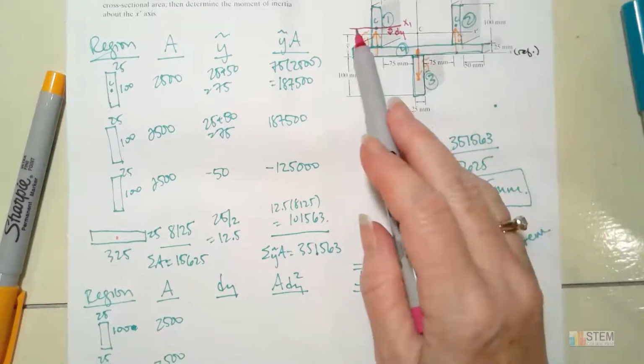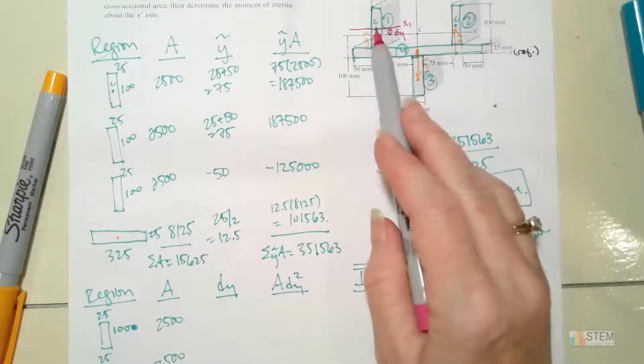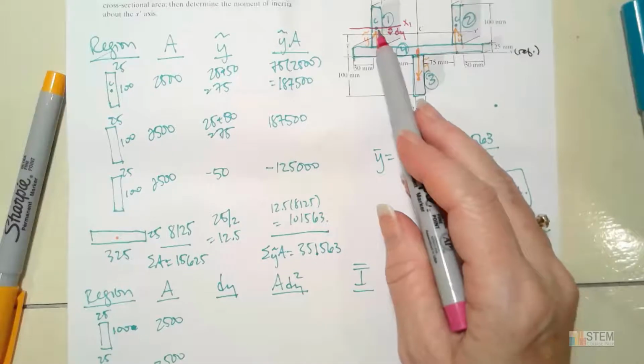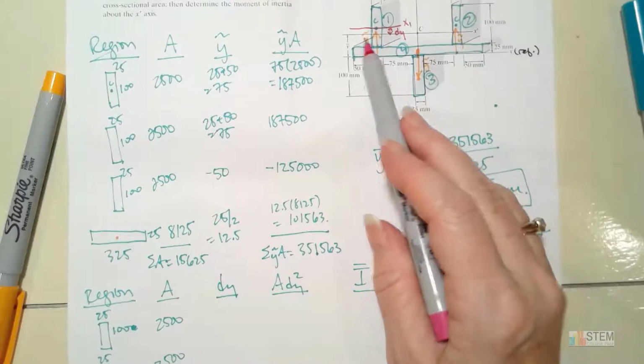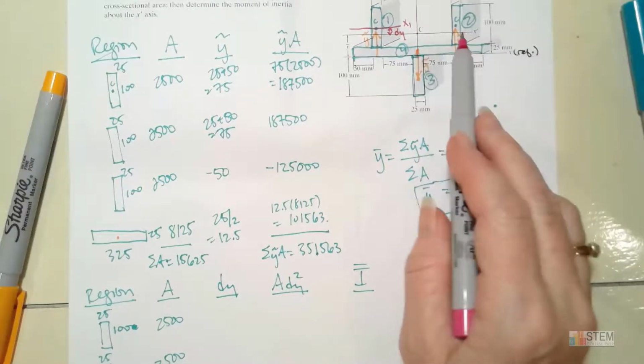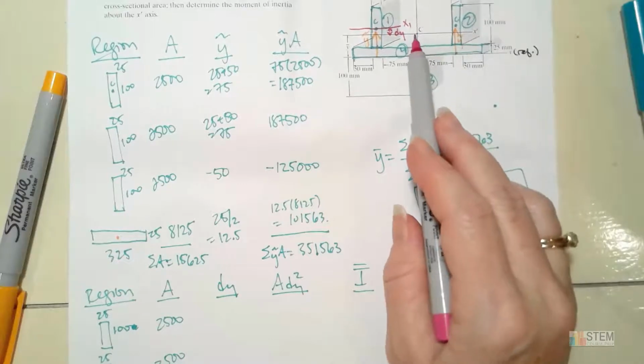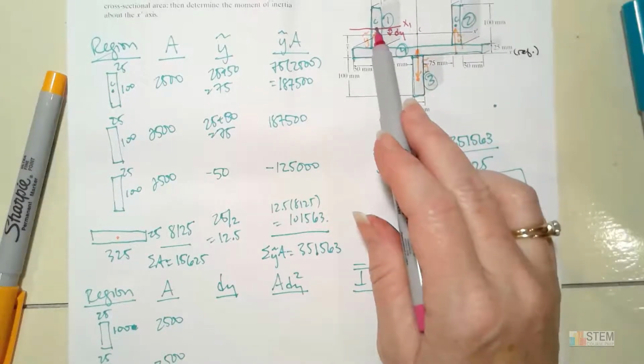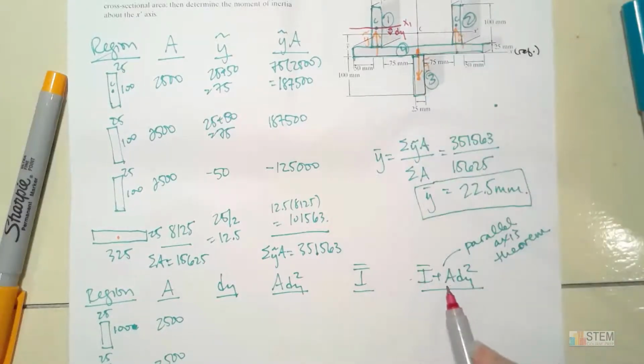So we're going to find the moment of inertia about the axis here through the centroid in region 1, and then to adjust for the fact that we want to take it about this x prime axis, which is shifted downward from the C of the region, we need to do parallel axis theorem. So we're going to do the A times dy squared, right?